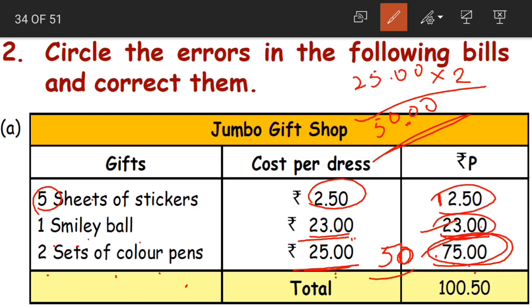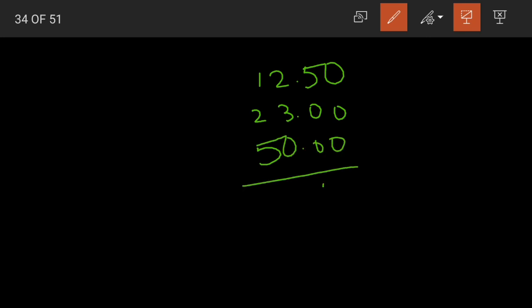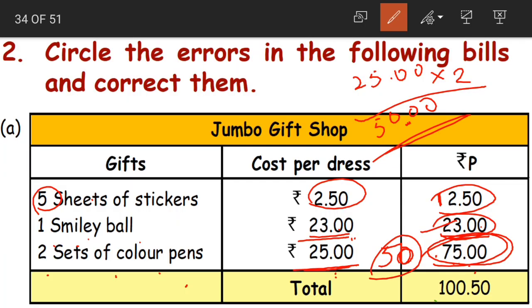Now when we add these three together, that is 12 rupees 50 paise, 23 rupees and 50 rupees, together what will we get, children? We'll get 85 rupees 50 paise. 85 rupees 50 paise will be our correct answer.